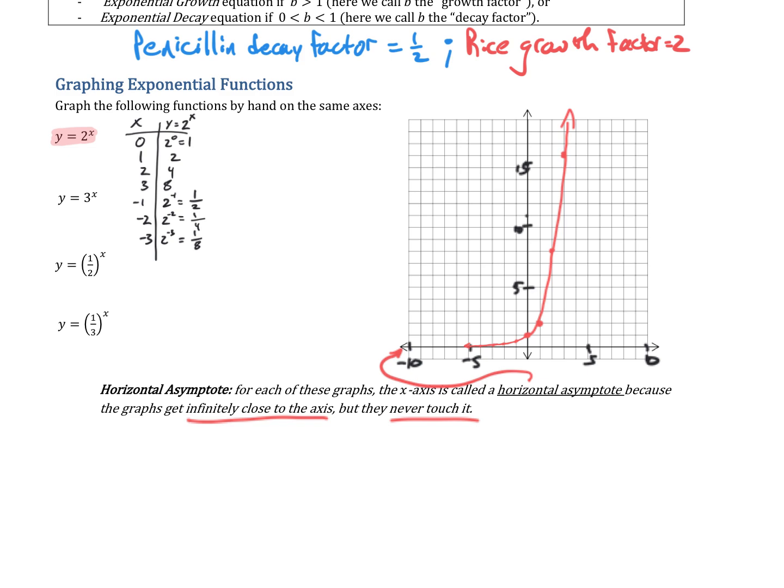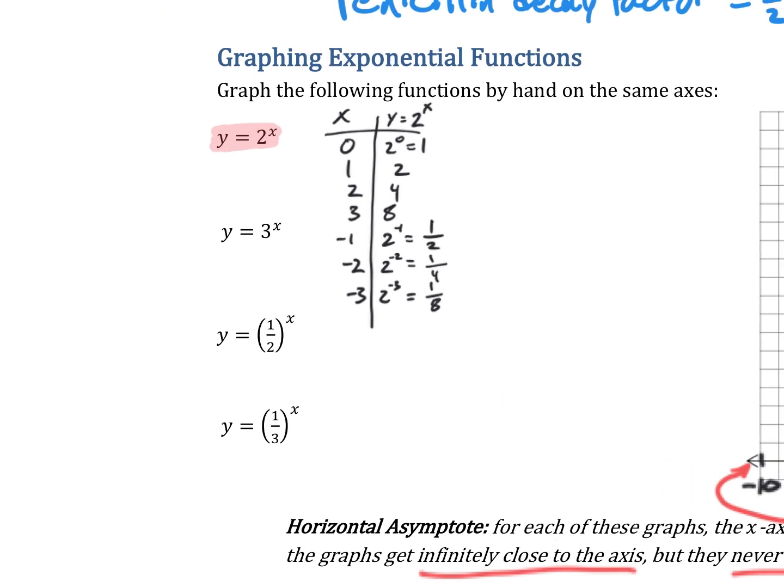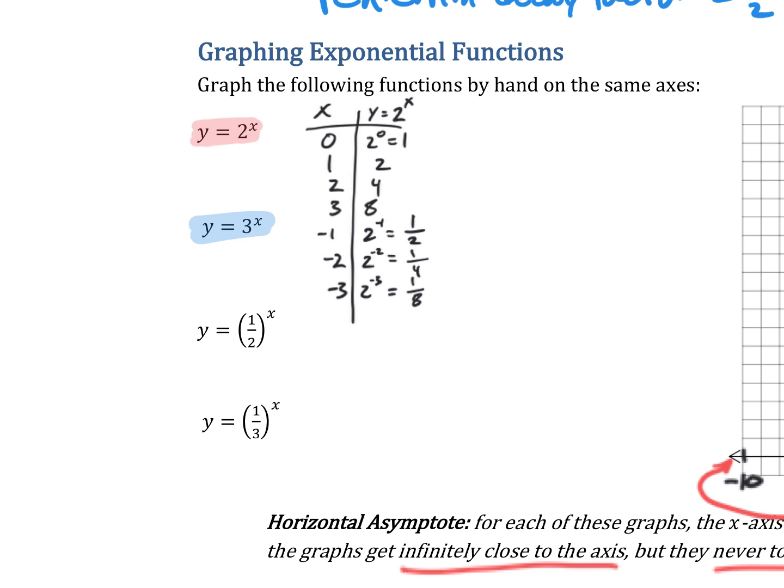All right, what about y equals 3 to the x? Let's investigate that one here. Well, when x is 0, 3 to the 0 is 1. 3 to the first is 3. 3 to the second is 9. 3 to the third is 27.